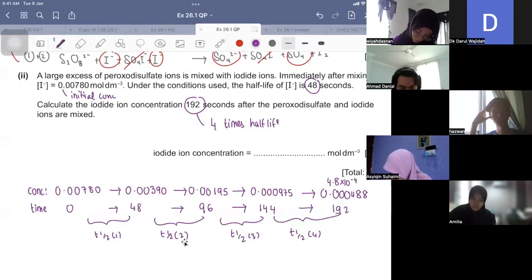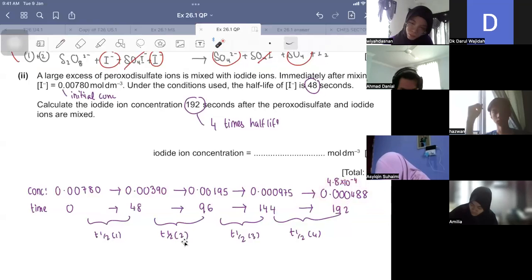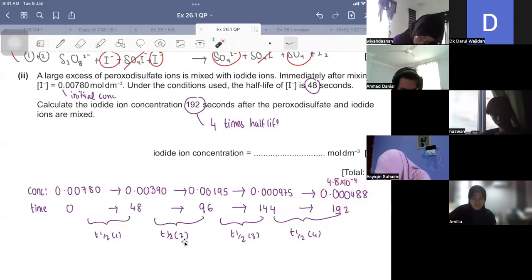So the question is, what is the concentration after 192 seconds? And that is the answer, 0.000488. Okay, so the answer is 4.88 times 10 to the power of -4.